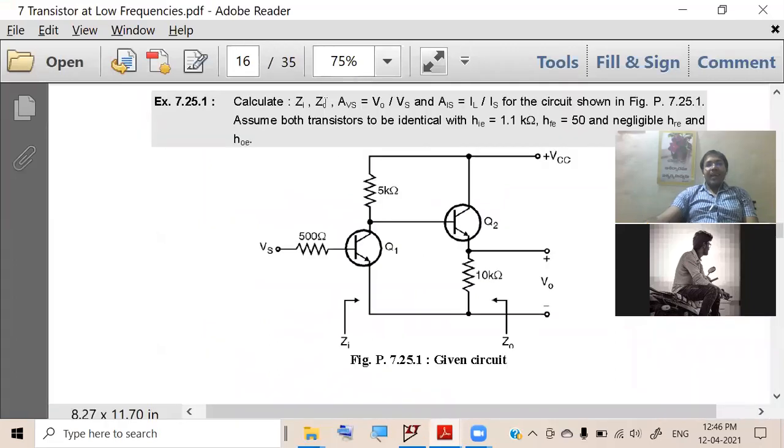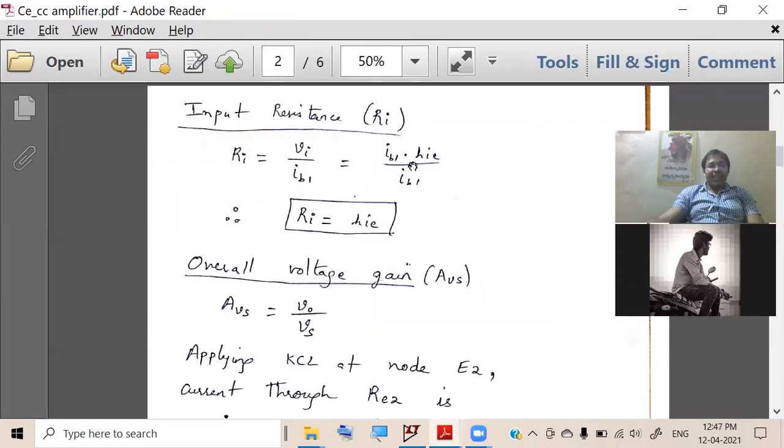Next, always go for Z0 last, because for Z0 you have to modify the equivalent circuit, isn't it? So output resistance is always found at the last. Let me first find out AVS. What will AVS be?